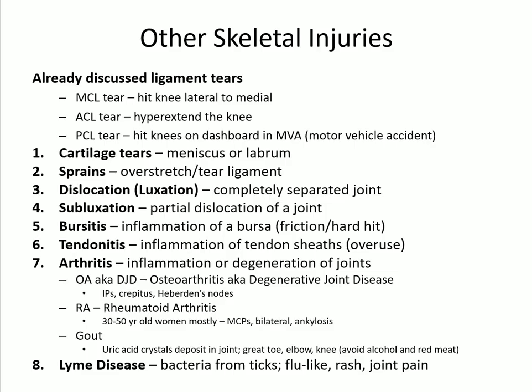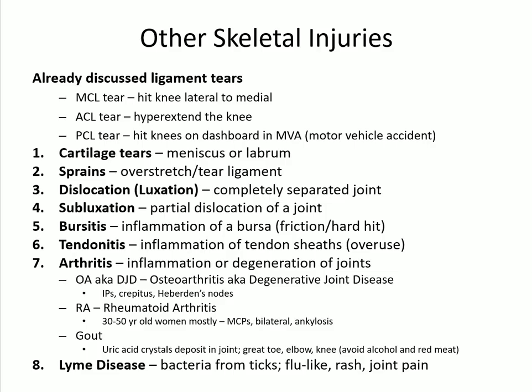A subluxation, so sub, think about what sub means, like subcutaneous, that's under, right? So under luxation, so partial dislocation of a joint. So we use dislocation as a completely separated joint, subluxation as a partial dislocation to a joint. So it's slightly out of place. You've tweaked it just enough that it can be really annoying to a specific nerve. This is where chiropractors come in a lot of the time. And then osteopathic doctors also deal with subluxated joints a lot.